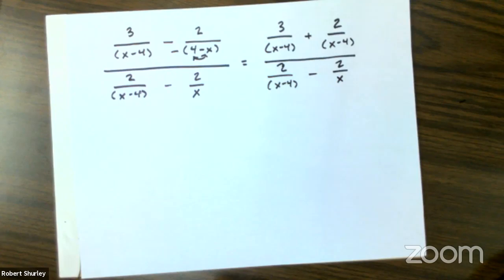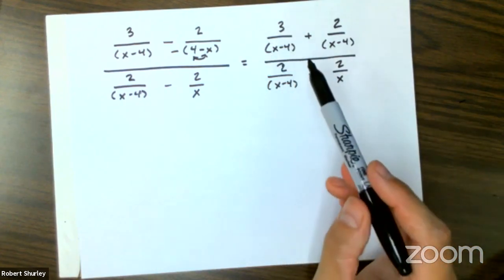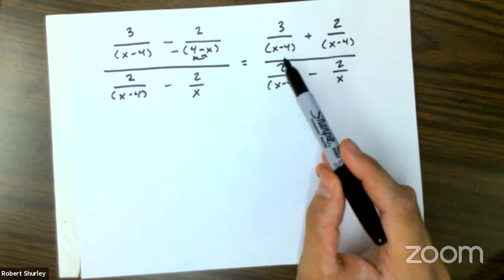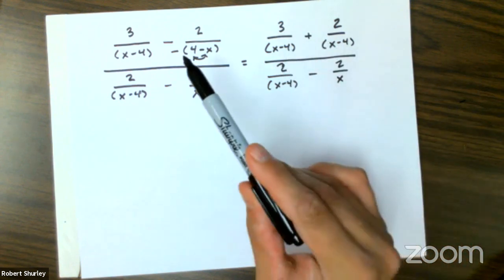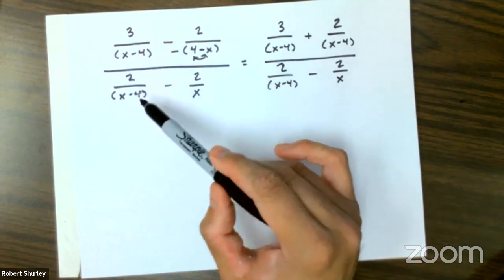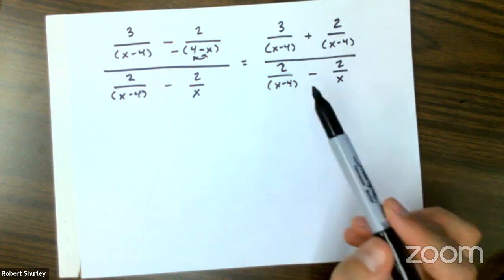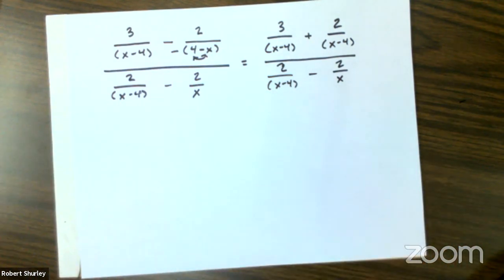Okay? I'm going to do that because now I only have two different factors going on, right? I've got x minus 4 in each one of these denominators, and I've got a lone x over here. If I didn't do that, this would be three different denominators. X minus 4 is here, and then 4 minus x and x here, okay? This will make it a lot easier to simplify.